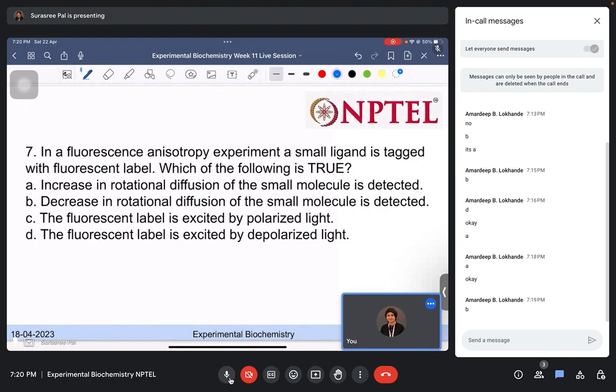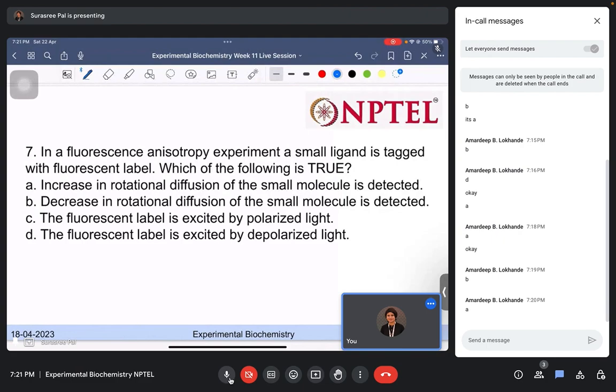Which is the parameter which is detected in fluorescence anisotropy? Here the correct answer is B. That means the decrease in rotational diffusion of the small molecule is detected.